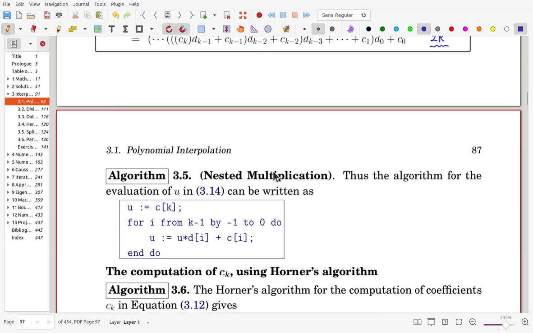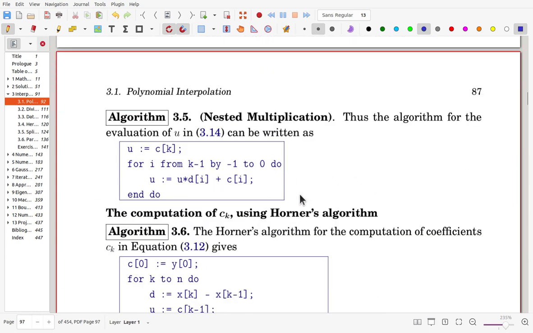Okay. Now this nested multiplication can be implemented in this way. So here, one addition, one multiplication, one addition for given D and C array, and you can get it.